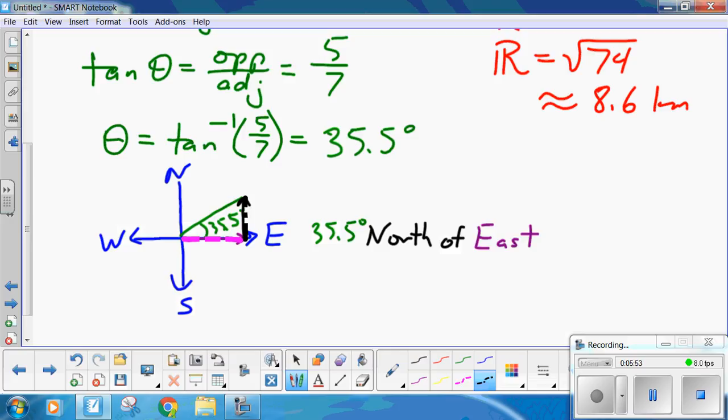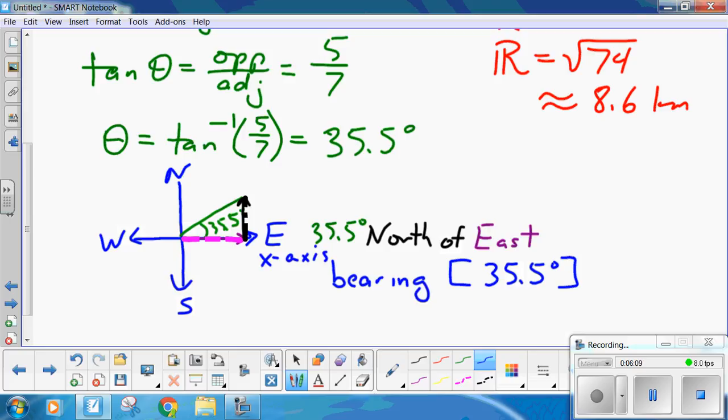So that's one way. The other way, which is in fact much simpler, is bearing. From the east or x-axis, going counterclockwise. So bearing 35.5 degrees is the simpler way to do it.